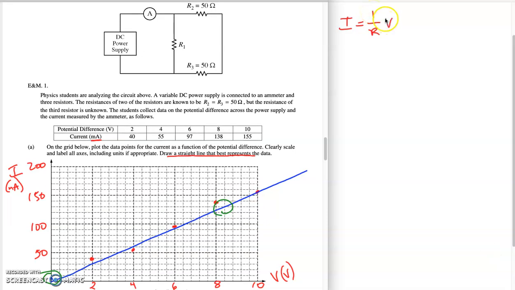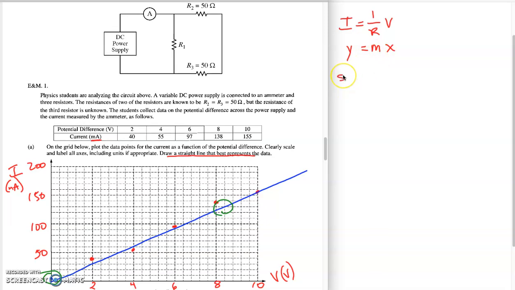in the form that the current is our y variable, our voltage is our x variable, and they told us this. They told us way back here the current as a function of the potential difference, and that means that the slope of the line is going to be 1 over the resistance.